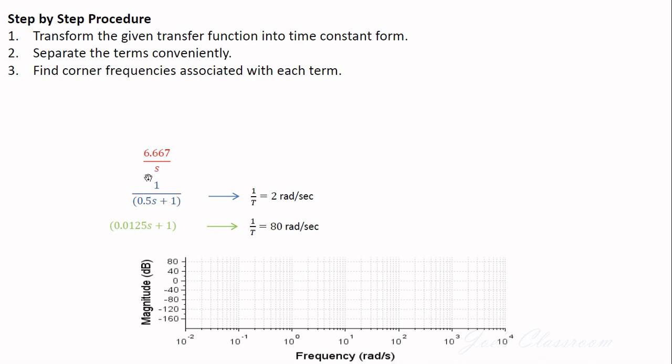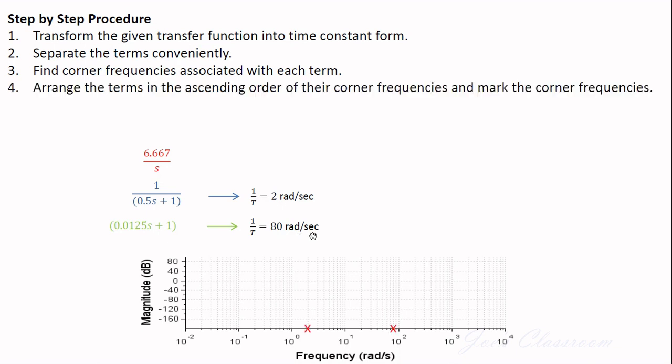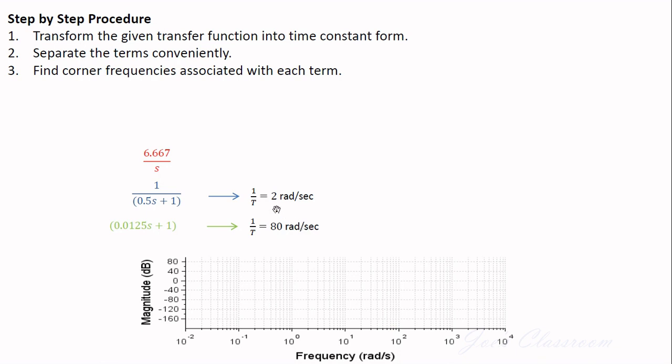For our problem, the first term had the lowest corner frequency, and the second term had a comparatively higher corner frequency, so we can follow the same order. But let us assume that you have taken this term first and the second term last. In that case, the second term will have a corner frequency of 80 radians per second, whereas the third term will have a corner frequency of 2 radians per second.